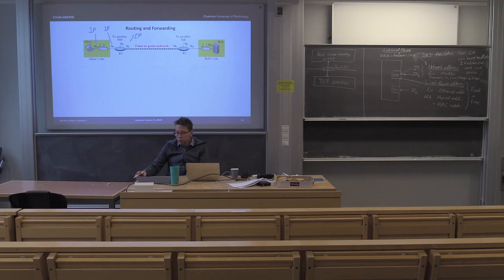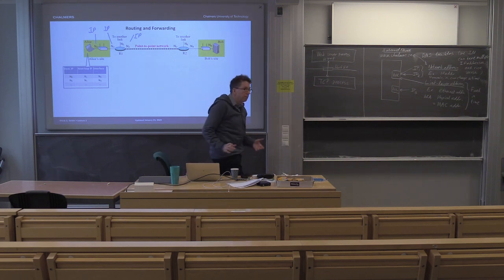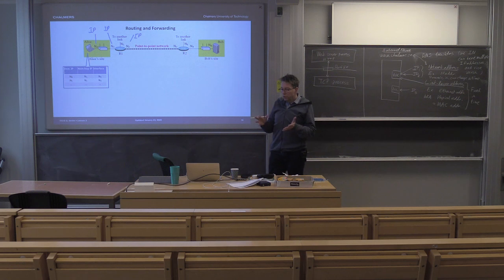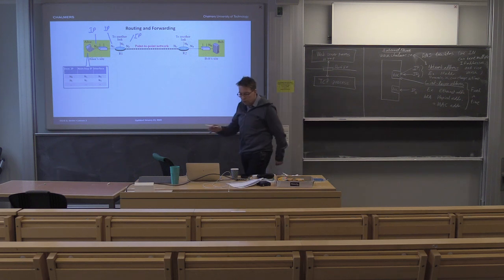Now, how does this work when Alice wants to transmit a packet somewhere? Alice's IP layer would like to transmit a packet with a certain destination.